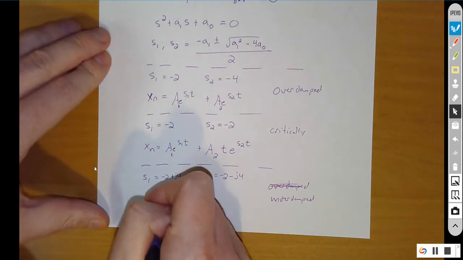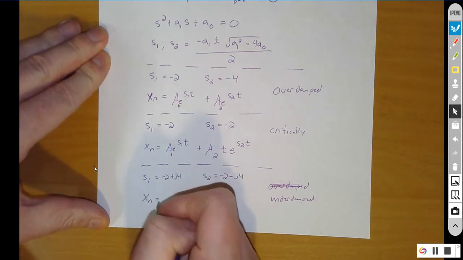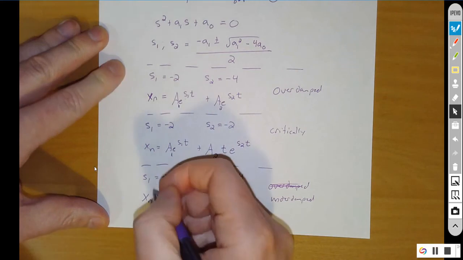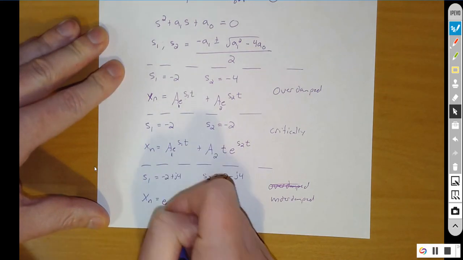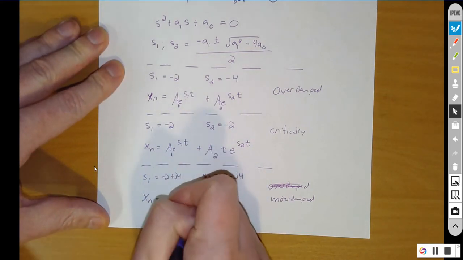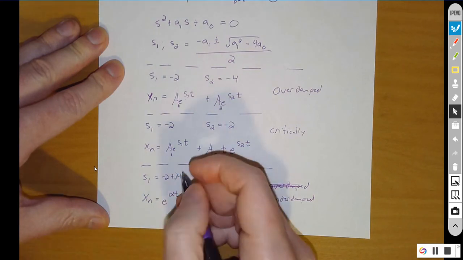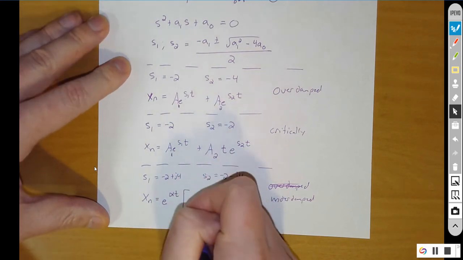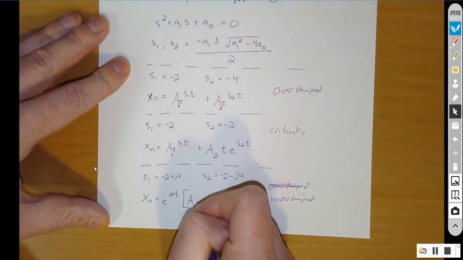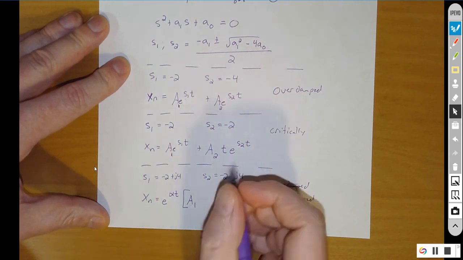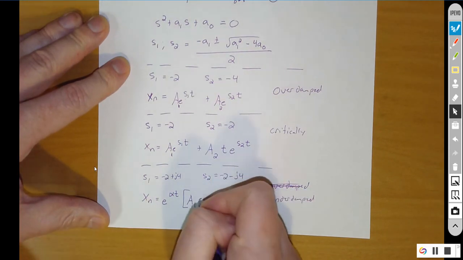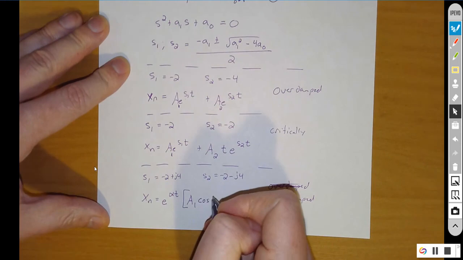And then there's a derivation for this, but I'm just going to skip to the end here. So it is E to the alpha t times the quantity. You can call this A1 if you want. The derivation is actually going to call it A3, but it's not a big deal.